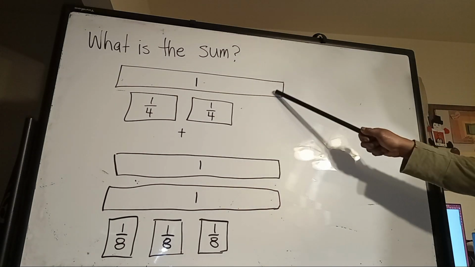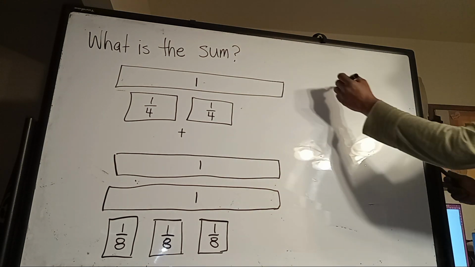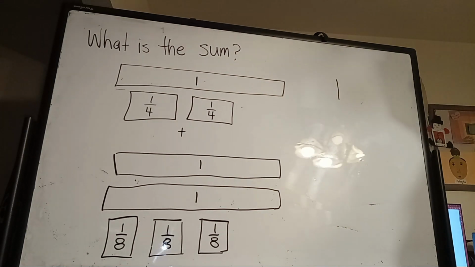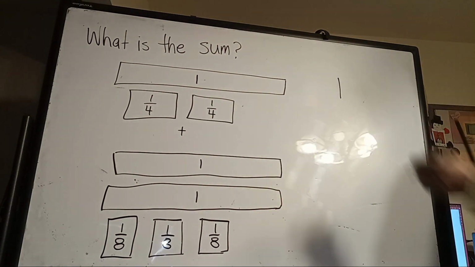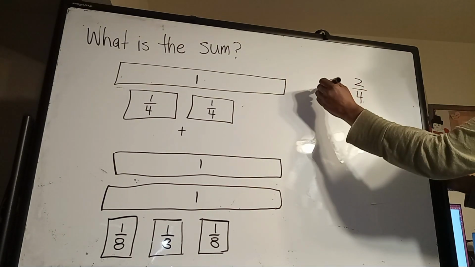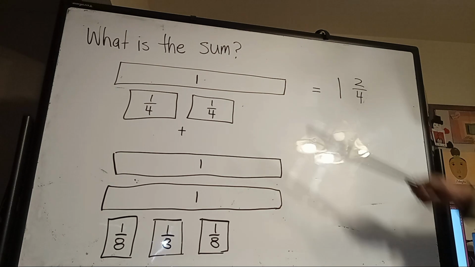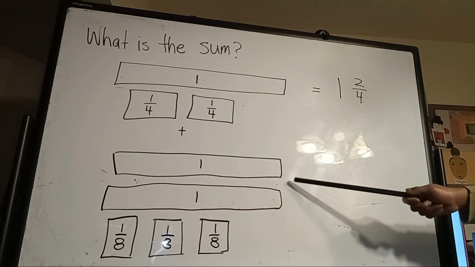So looking at this, it represents one whole. That means we have a whole number 1. Then we have 2 1/4s. If we add that together, that would just give us 2/4. So this diagram equals 1 and 2/4. The same thing, we're going to look at this bottom one.